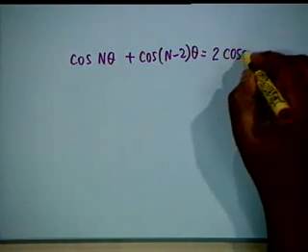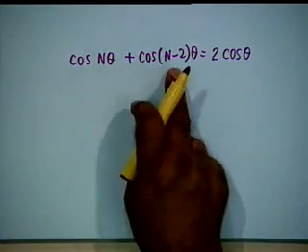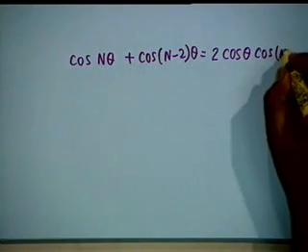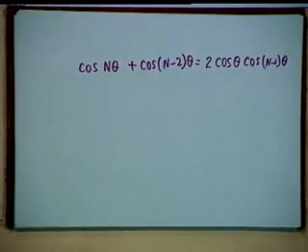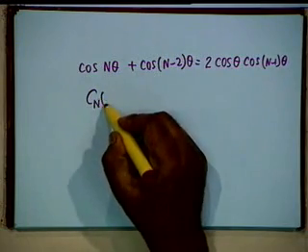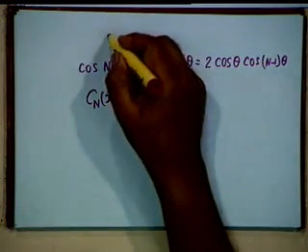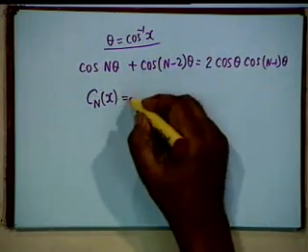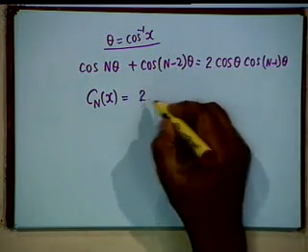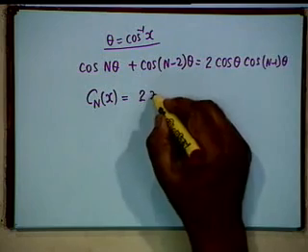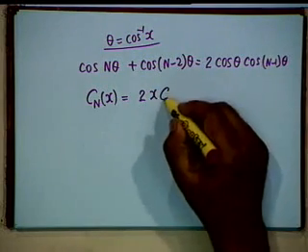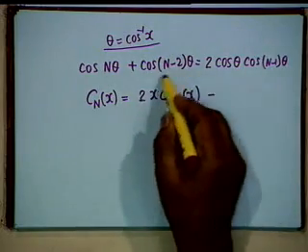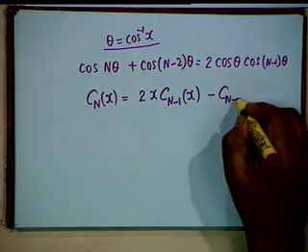So we get cosine of theta, this is A minus B by 2, and then cosine of A plus B by 2 would be n minus 1 theta, and therefore cosine n theta is nothing but Cn of x, if you put theta equal to cos inverse x. So Cn of x is equal to twice cosine theta, which is x, times cosine of n minus 1 theta, which is Cn minus 1 of x, minus this quantity taken to the right, so Cn minus 2 of x.